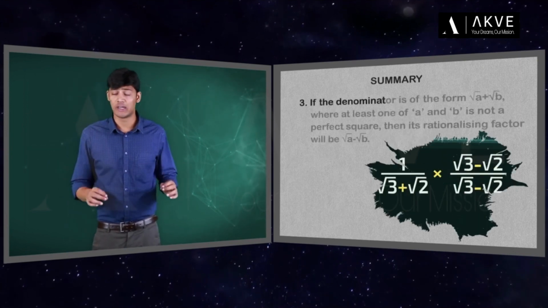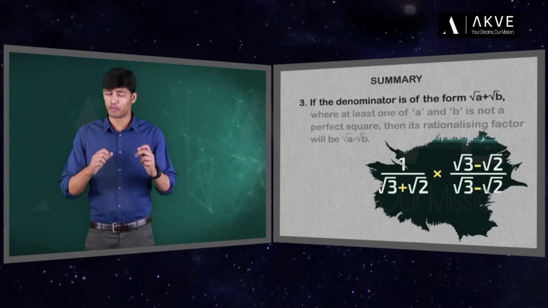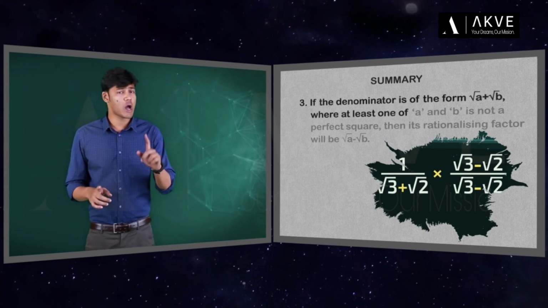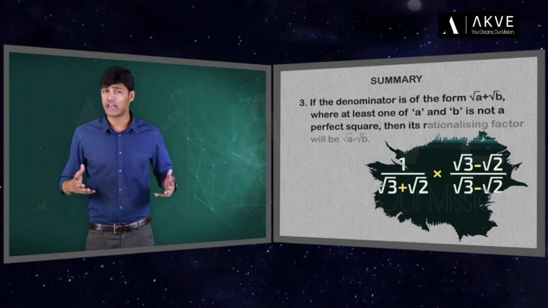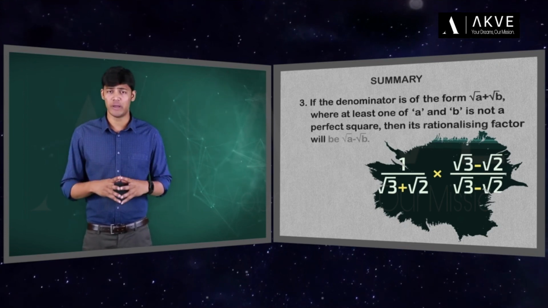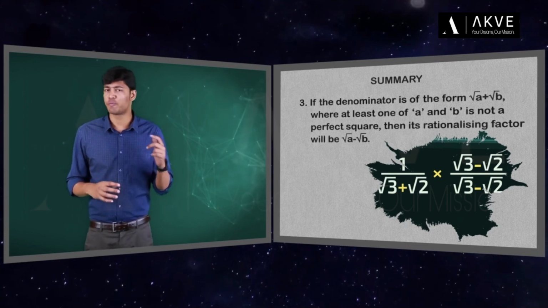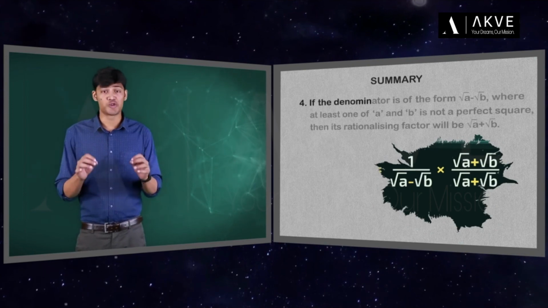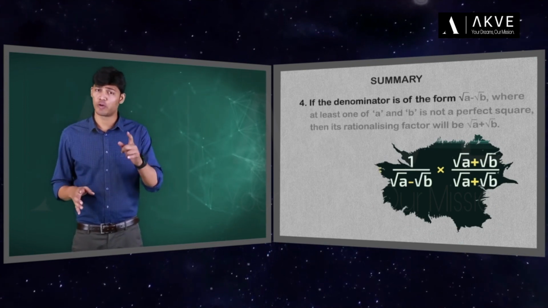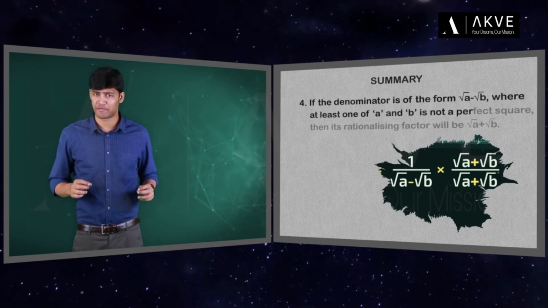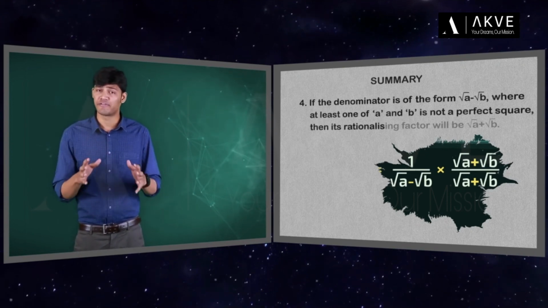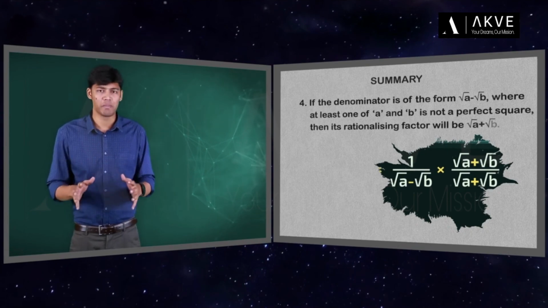If the denominator is of the form square root of a plus square root of b, where at least one of a and b is not a perfect square, then its rationalizing factor will be square root of a minus square root of b. If the denominator is of the form square root of a minus square root of b, where at least one of a and b is not a perfect square, then its rationalizing factor will be square root of a plus square root of b.